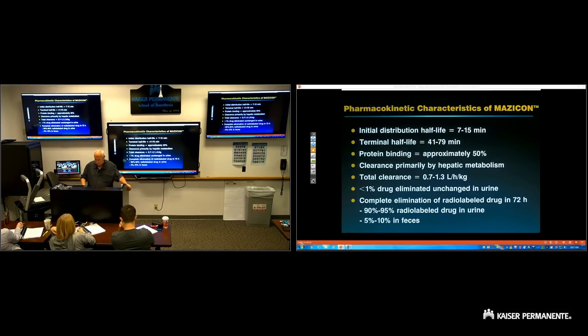It's metabolized in the liver and cleared, and you completely eliminate it in 72 hours. So this is pretty standard kinetics, and as I mentioned the last time, the only thing that stands out to me when I'm looking at these numbers is that the benzodiazepines are going to last longer than this does. So the reversal is shorter acting than the drug you're actually getting rid of.